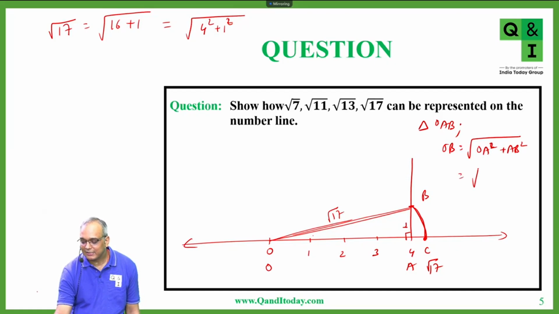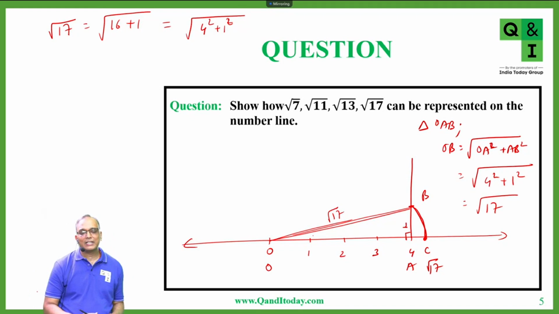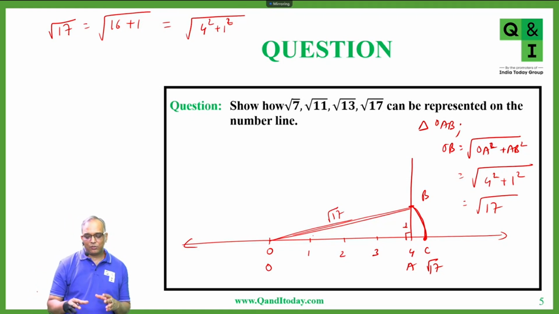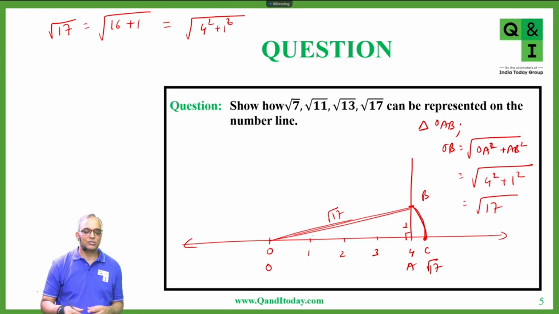We put the value of OA as 4 and AB as 1, so 4 square plus 1 square is root 17. Is it clear? Please quickly make it in your notebook as well. Plot this in your notebook so that you have hands-on experience of drawing these constructions or plotting these irrational numbers on the number line.